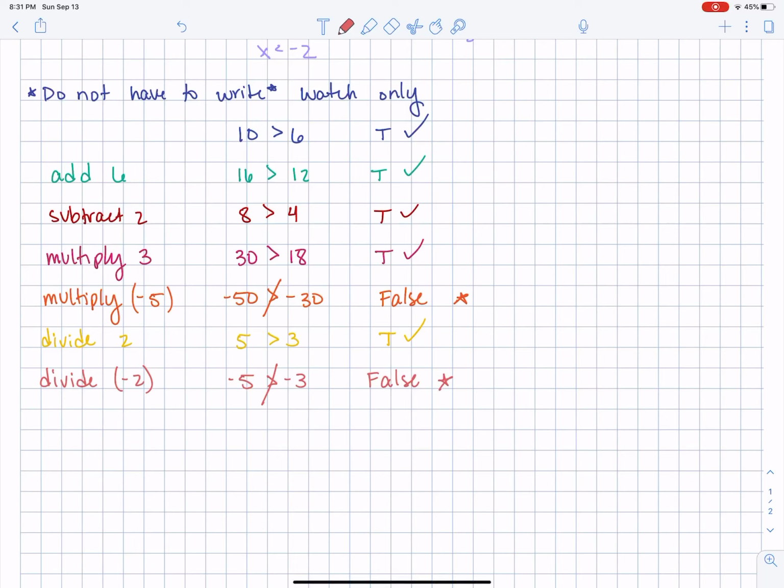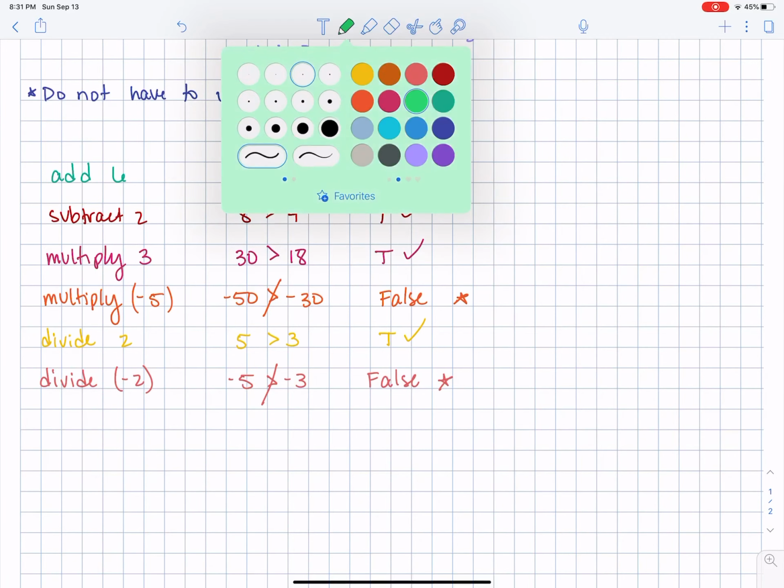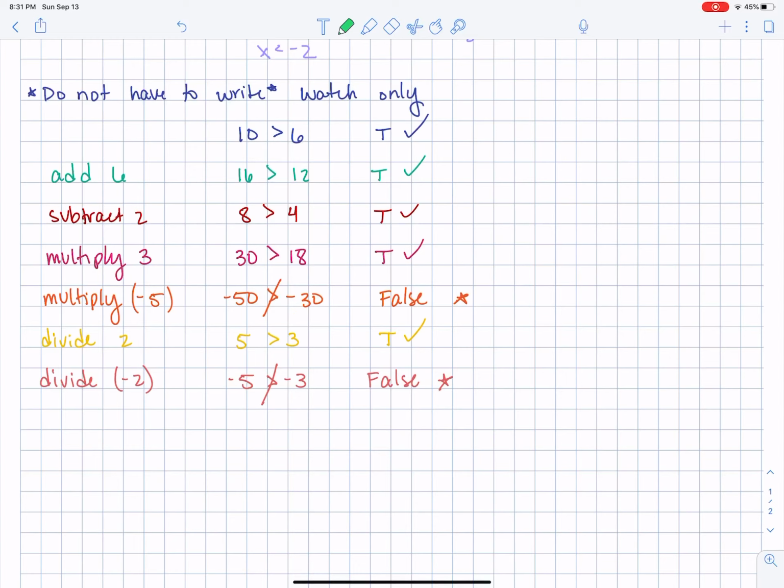That false statement. So the moral of the story here, and this is where I'd like you to go ahead, pick up your pen again and write this, and I'll star it for you.